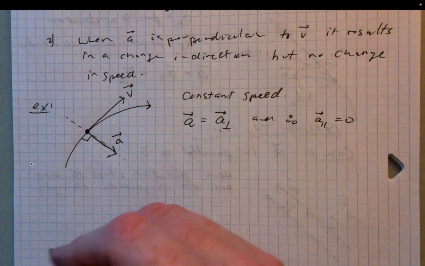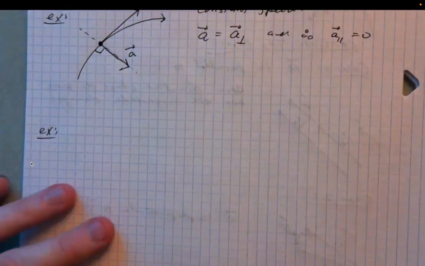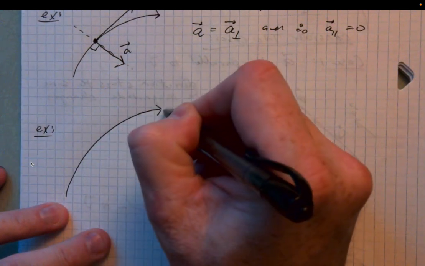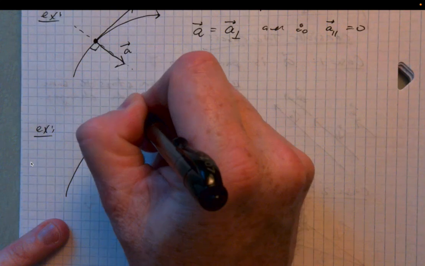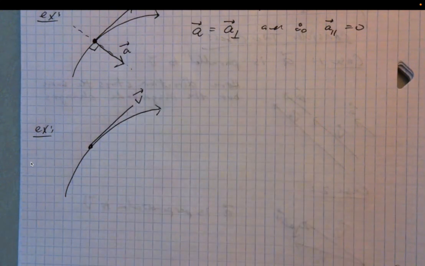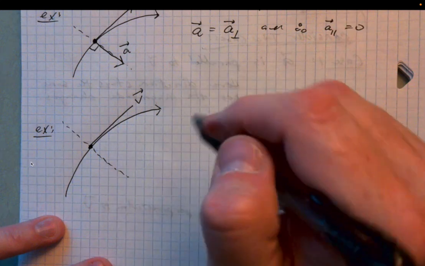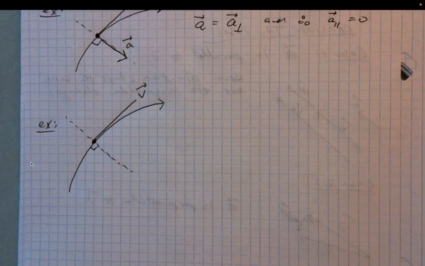Okay, now what about this? What about a path that looks like this again, right? And I've got a velocity, a point of interest, and my velocity vector looks like this. And then once again, I'm going to draw my perpendicular ray here, right?